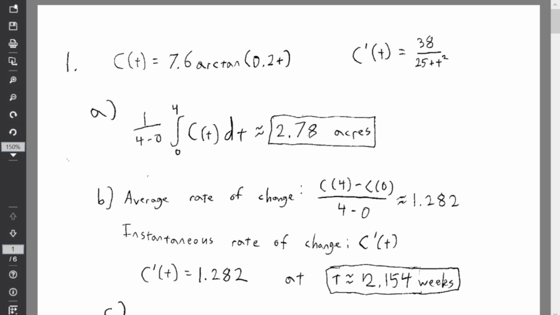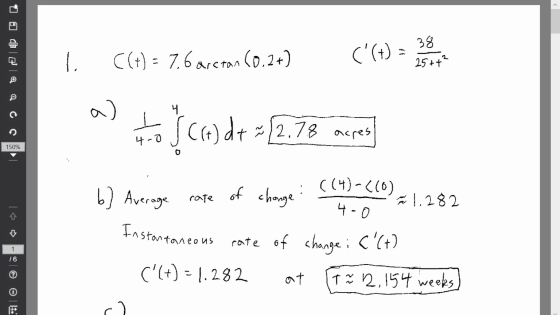For part B, it wants to know when the average rate of change is equal to the instantaneous rate of change. So for our average rate of change, we use f of b minus f of a over b minus a. That's our average rate of change, and we want to know when that is equal to the instantaneous rate of change. Now, the instantaneous rate of change is C prime, the derivative.